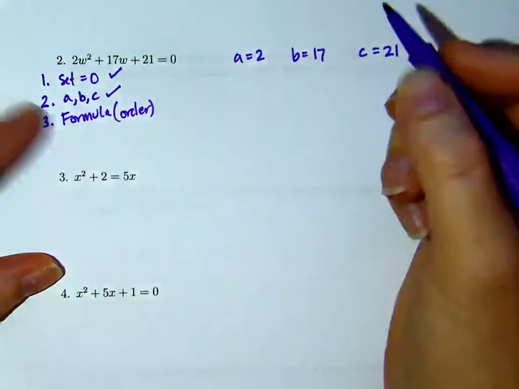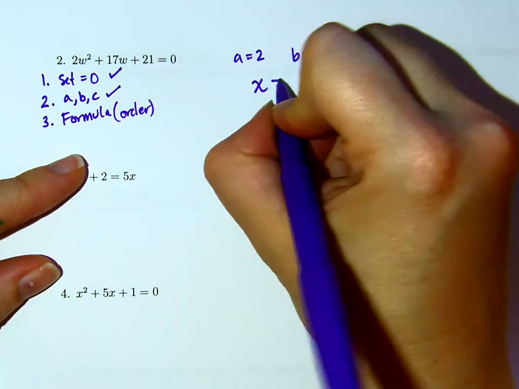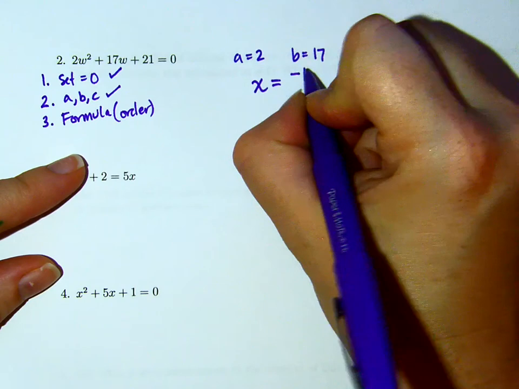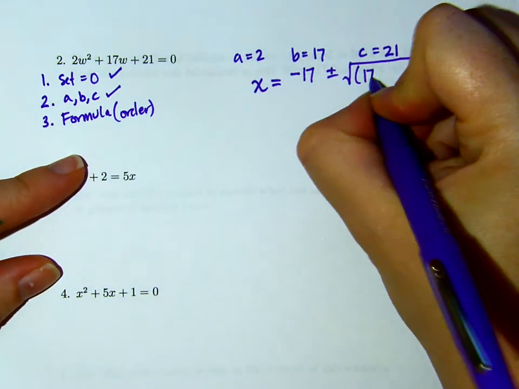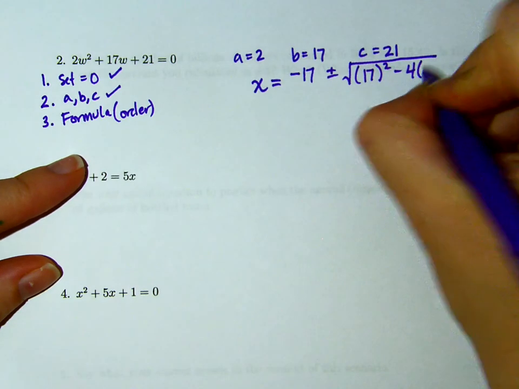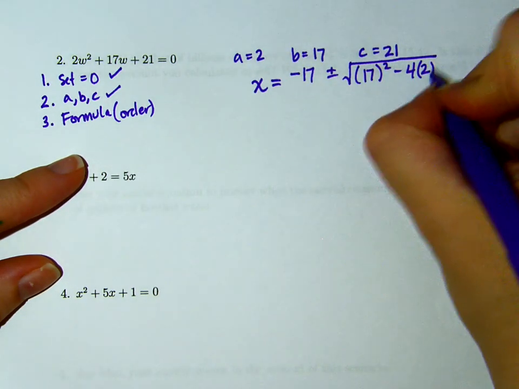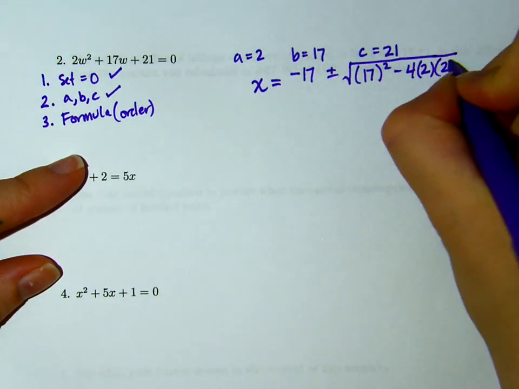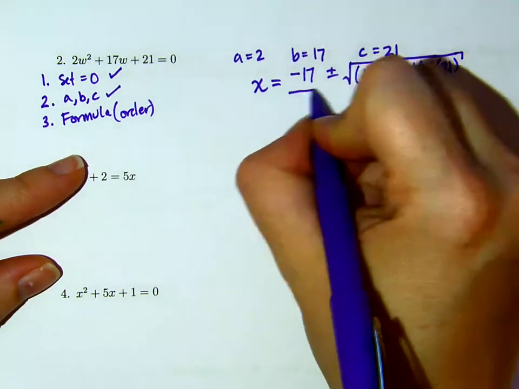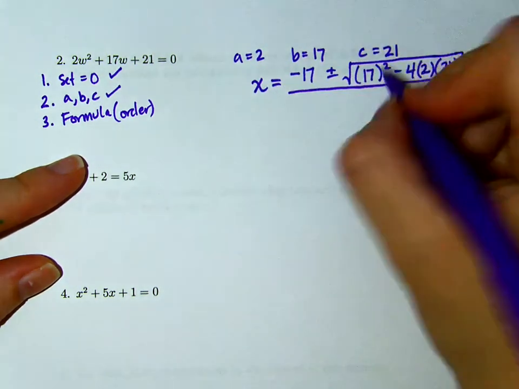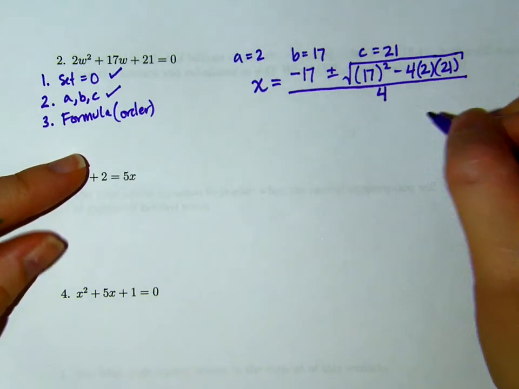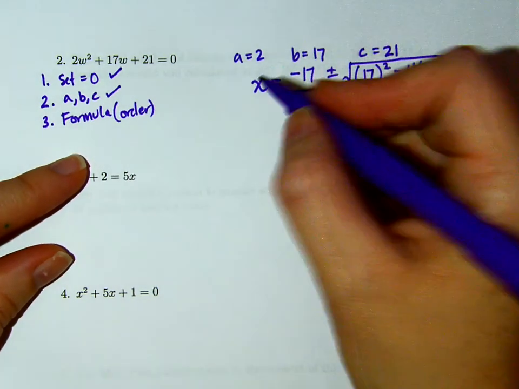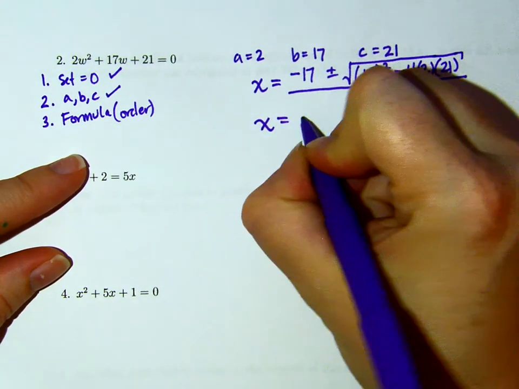Paying attention to order. x equals the opposite of b, so -17 plus or minus the square root of 17 squared minus 4 times a times c, all of which is over double this a. Okay, then it said follow that order.